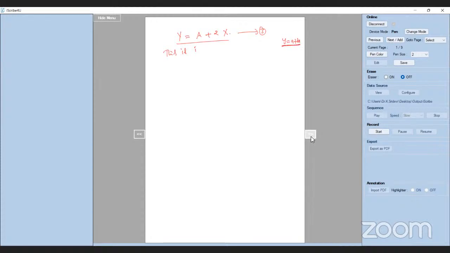So we can say that this is the equation of a straight line or first degree polynomial, you can use either word, in capital X and capital Y, so that this can be easily fitted by using the method of least squares approximation.